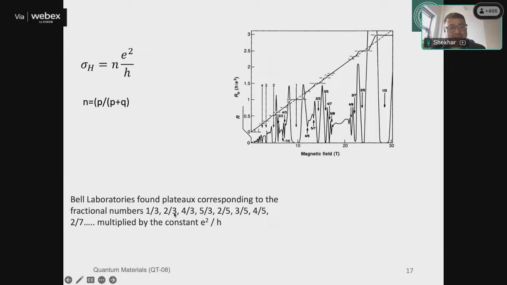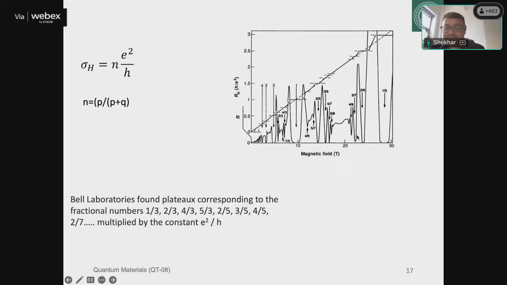They are able to observe all these fractional values, among which we can see 2/5 is less than 1, and 1/3 is also less than 1.